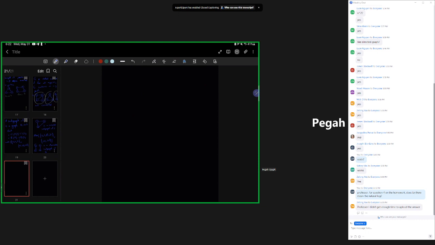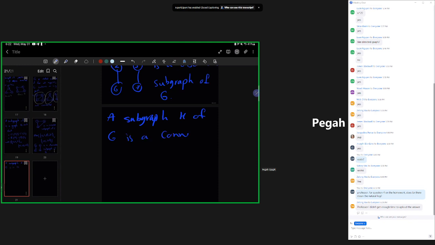Okay, let's get back to subgraphs and then connect a few things. I want to talk about a subgraph H of G. A subgraph H of G is a connected component if and only if this holds.